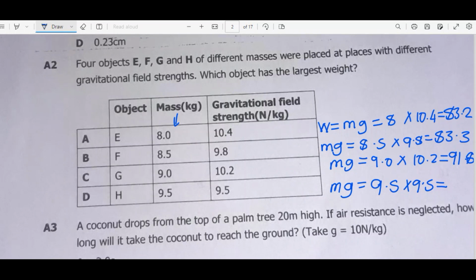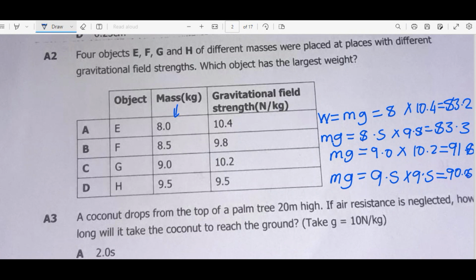So my final answer is 90.25. We can now conclude that the final answer is C, because we have seen that 91.8 is the greatest in terms of the weight.